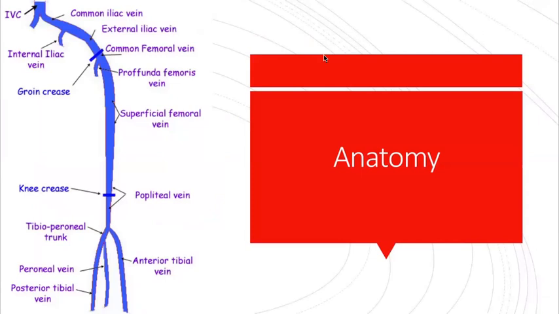So if you were looking at veins and arteries side by side, which you can find pictures of on Google, you'll see common femoral artery, common femoral vein, superficial femoral artery, superficial femoral vein, popliteal artery, popliteal vein. And so they're saying, you'll see one vein and then it will have an artery next to it with the same name. However, there are 2 exceptions to this rule.